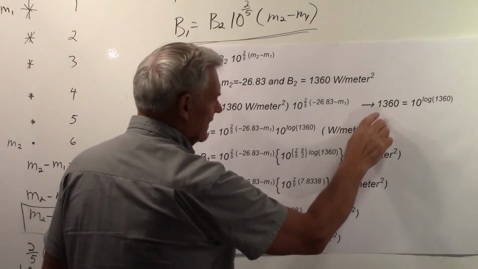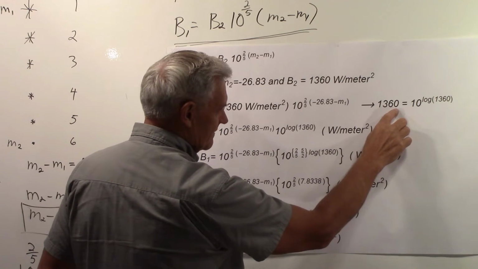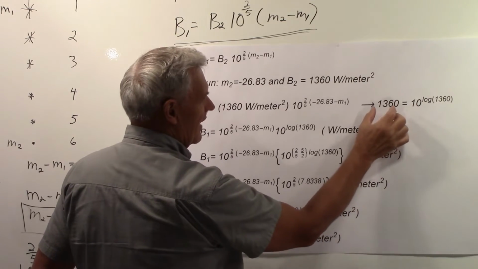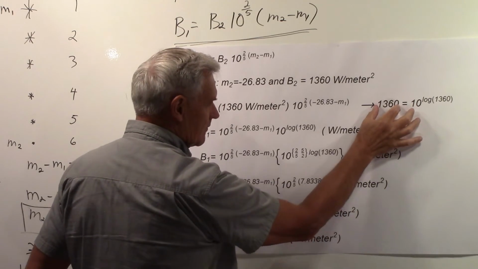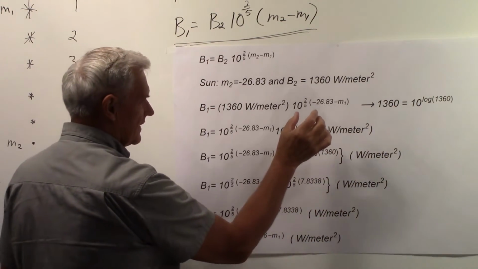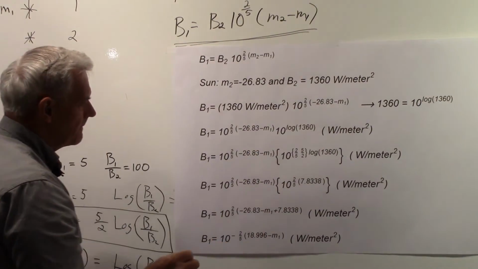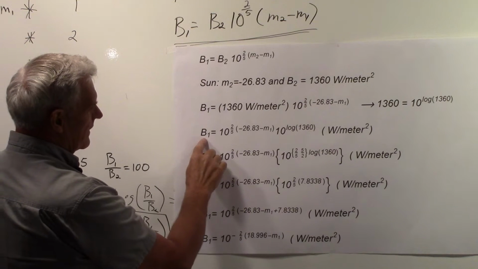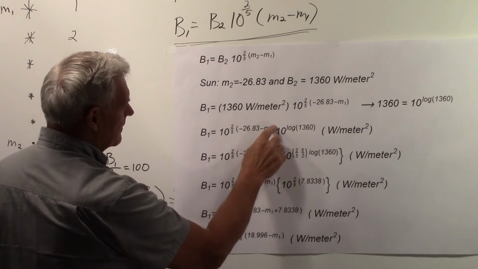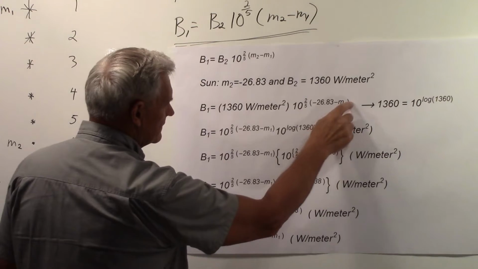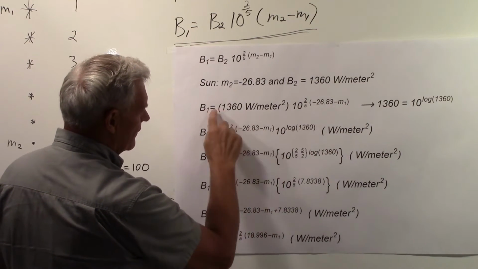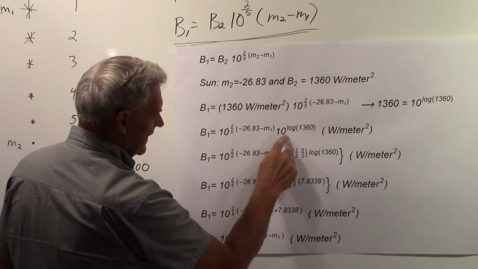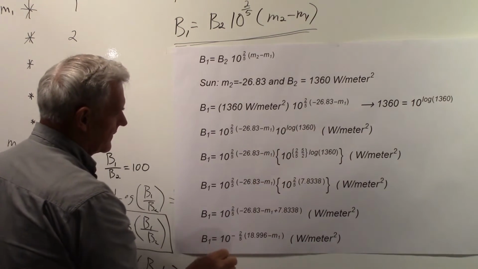We can write the 1360 as 10 to the log 1360. We have to figure out a way to get this number into the exponent. So the next step is we have B1 is equal to this portion right here, and for this part here, we have 10 to the log 1360.